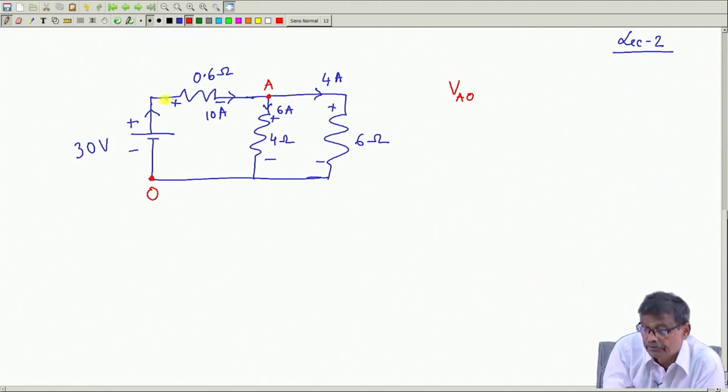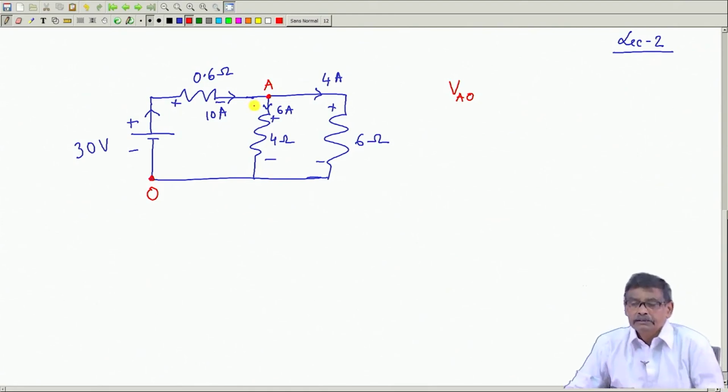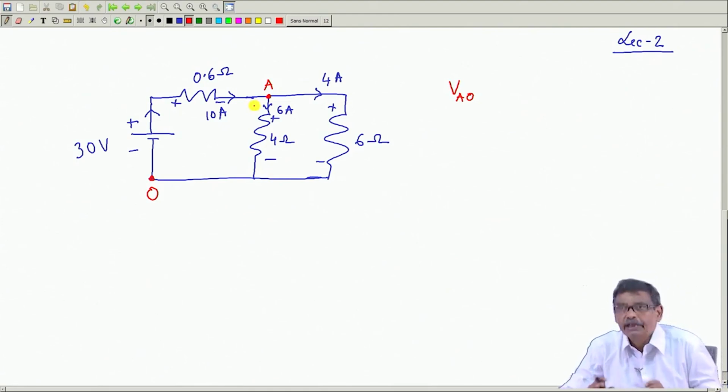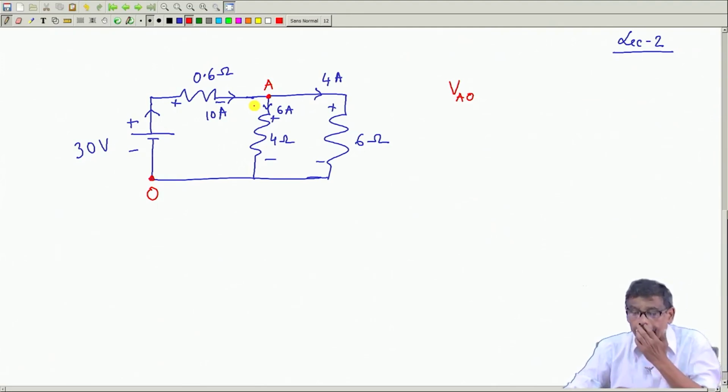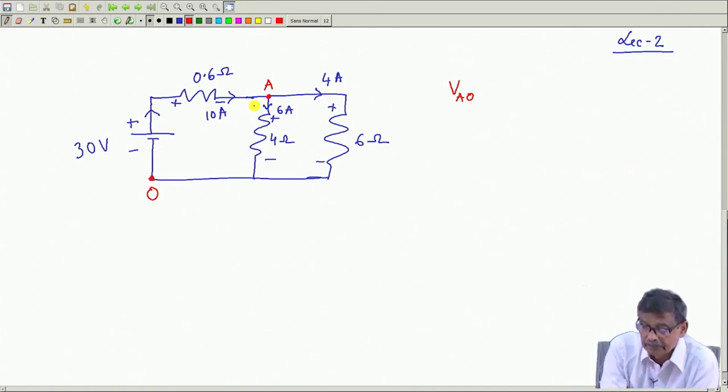I can go this way, I can go this way starting from O, and I can go this way. Whichever path you choose, VAO will be a unique number. So, let us see, suppose you go by this way. So, I will write VAO.